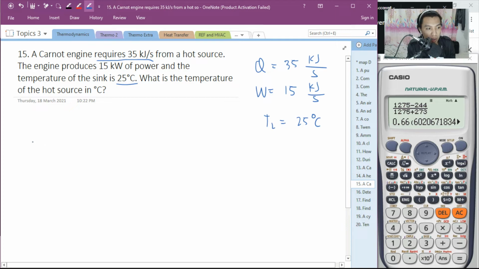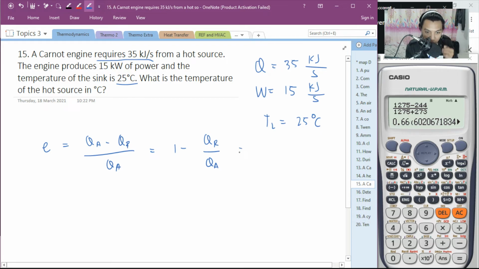Now, punta ka ulit sa efficiency. Okay? Efficiency is equal to QA minus QR over QA. Okay, simplify natin: 1 minus QR over QA. Wala ka namang QR, may QA ka.